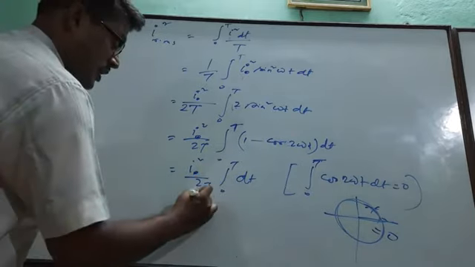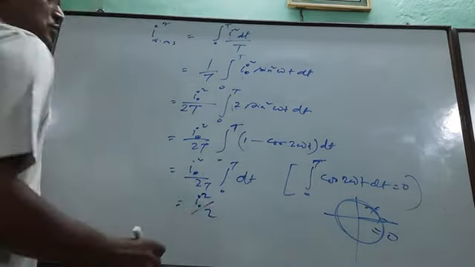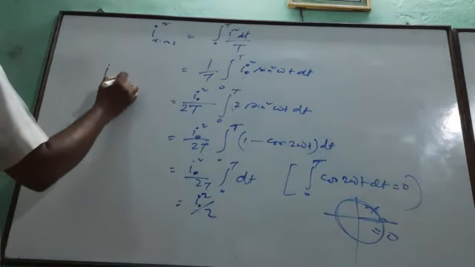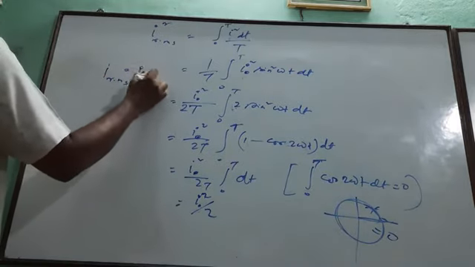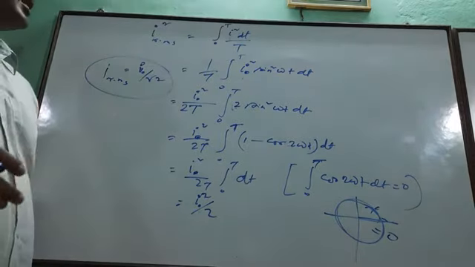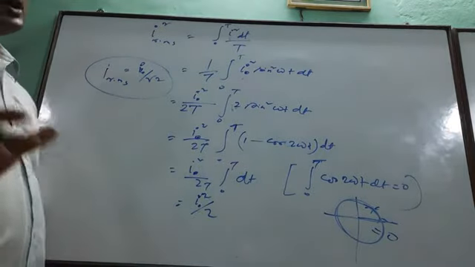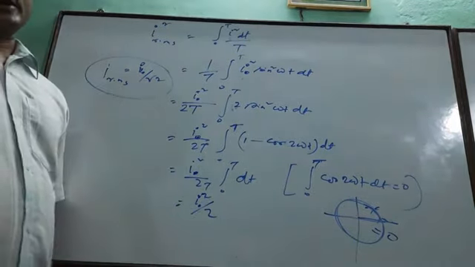Now here it is coming I0 square by 2. So what is the RMS value? I RMS equals I0 by root 2. This is the RMS value. So in full time period we cannot find the average value; we can find only the RMS value.